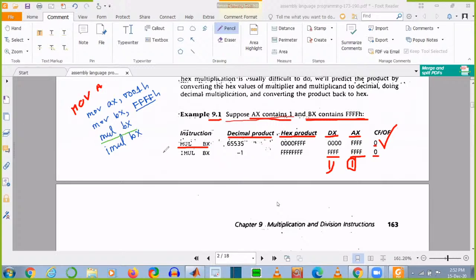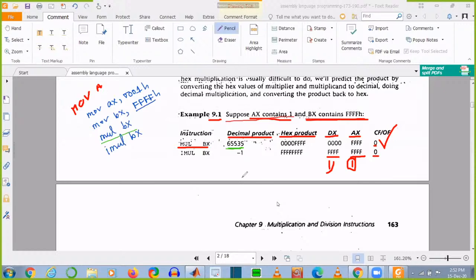So when you make the unsigned multiplication, the result will be 65535. Do you understand how the result 65535 comes? Can anyone explain how the result comes?